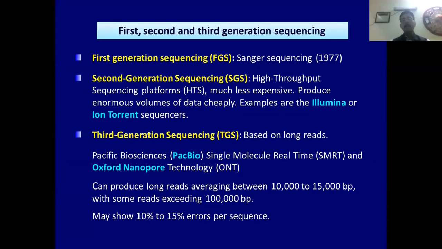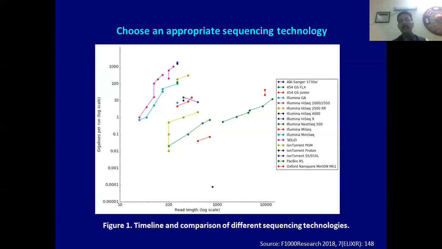So these sequencing platforms have evolved in the recent past between 2010 to 2015, and they have made the sequencing very rapid and easy. And the error is also very, very less. And the length of the reads are also very high, along with the quantum of data generated per run.